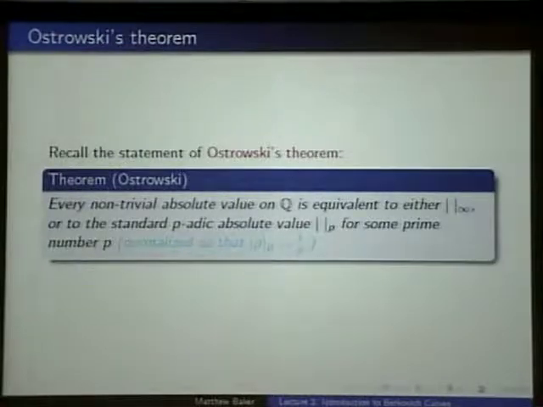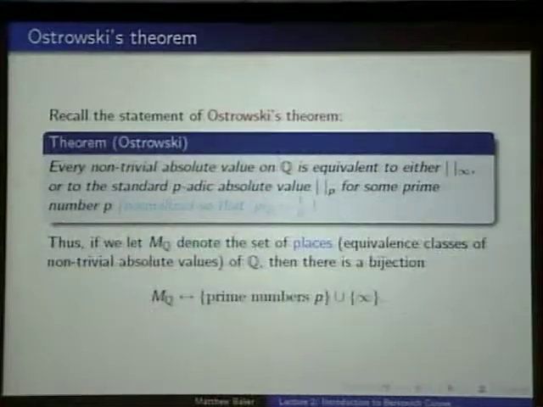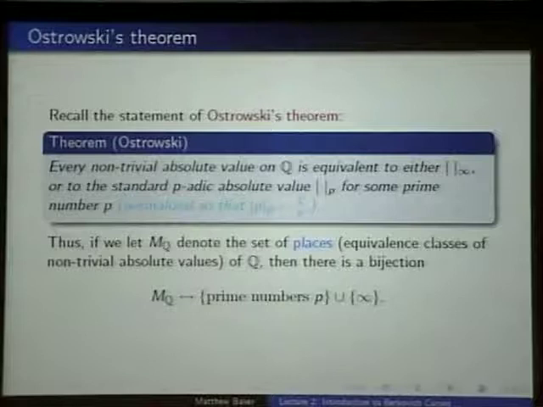So it's better when you're looking at semi-norms to concentrate on Z rather than Q. If you're looking at norms, then it's sort of equivalent to look at Z or Q. But absolute values are multiplicative norms, so by multiplicativity, you can extend to the field of fractions. So if M sub Q denotes the set of places, that is equivalence classes of non-trivial absolute values on Q, then M sub Q corresponds to the set of prime numbers p plus infinity.